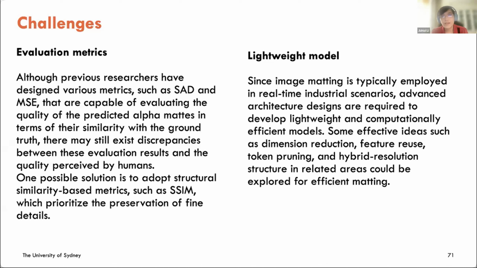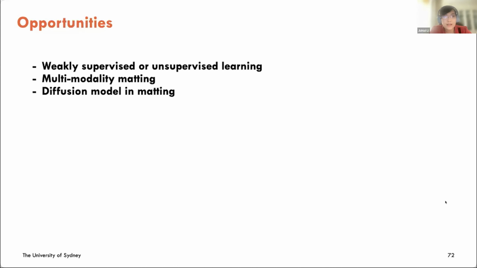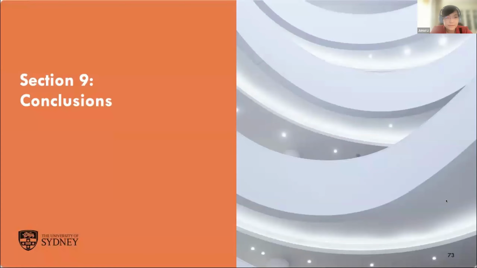Another thing is that we should focus on designing some lightweight model to make it more practical in real-world scenarios. Okay, so more opportunities like weakly supervised and unsupervised learning, multi-modality matting, or maybe using diffusion models, which are very hot recently, in removing background.